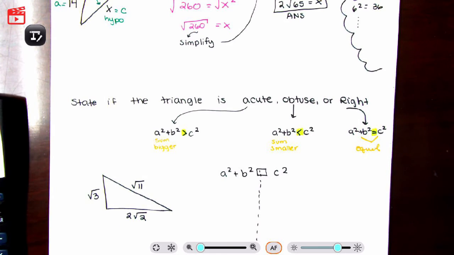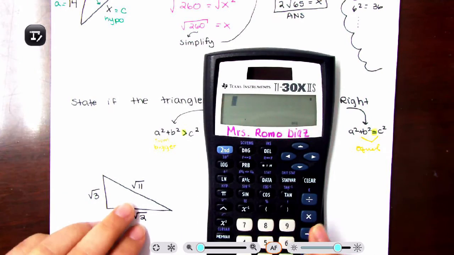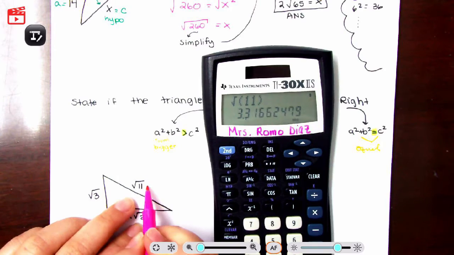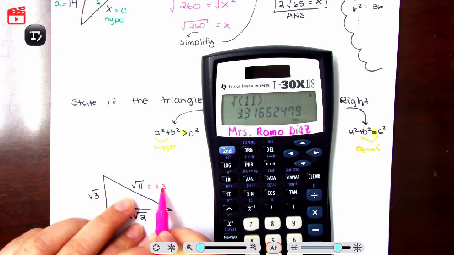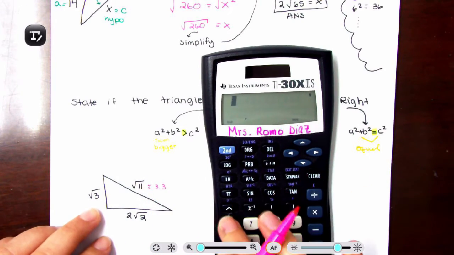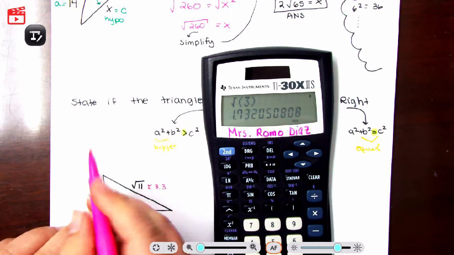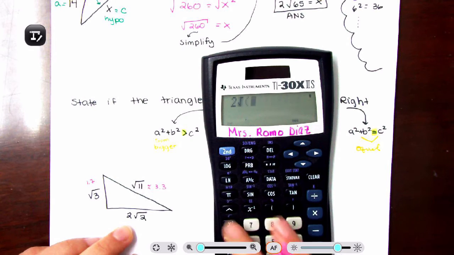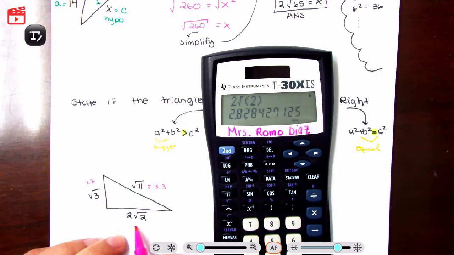So I'm going to do kind of checking on my calculator. I'm going to do the square root of 11. That's about 3.3. Square root of 3, that's about 1.7. And 2 times the square root of 2, that's about 2.8.